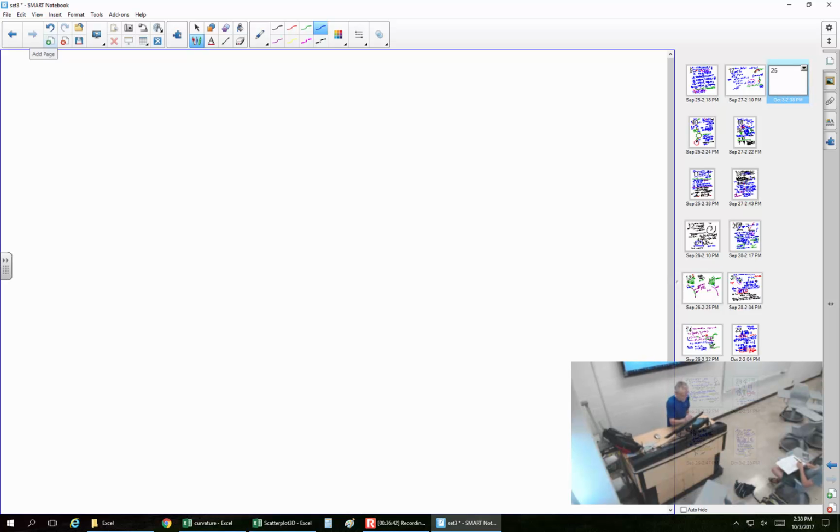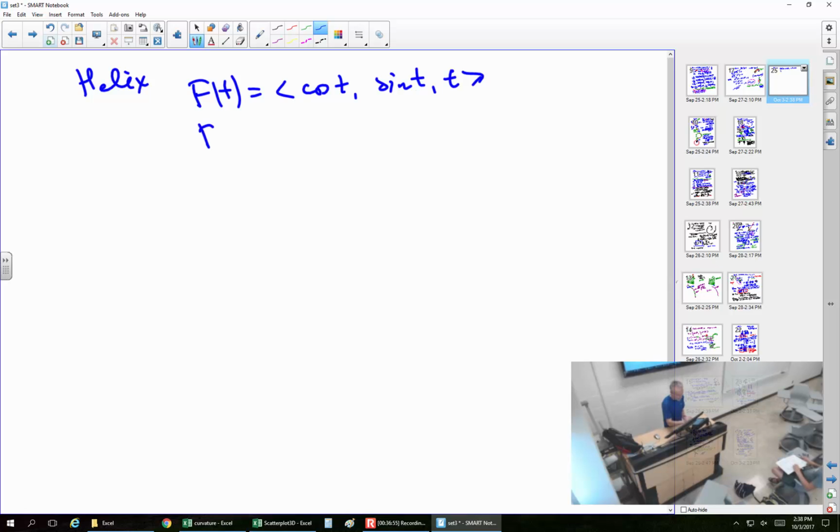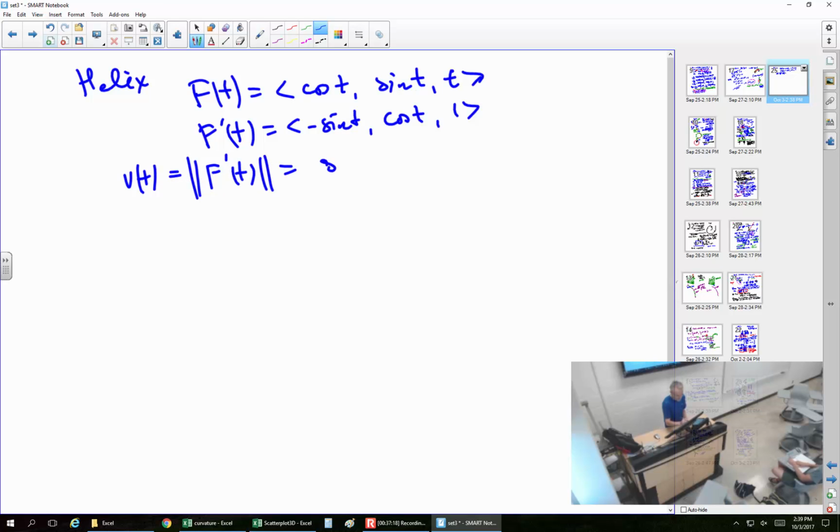Okay, so helix again. f of t, let's take the easy one, the standard helix with radius 1. f prime of t is negative sine t, cosine t, 1. And the magnitude, or v of t if you like, is the magnitude of this thing, which is the square root of sine squared t plus cosine squared t plus 1, which is square root of 2, which is what we saw.